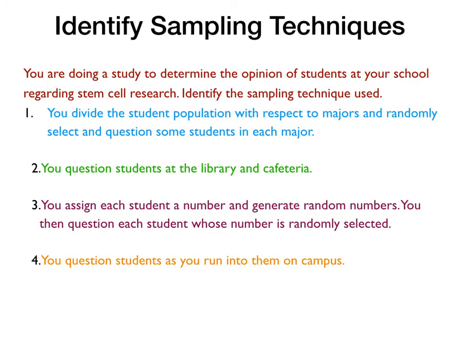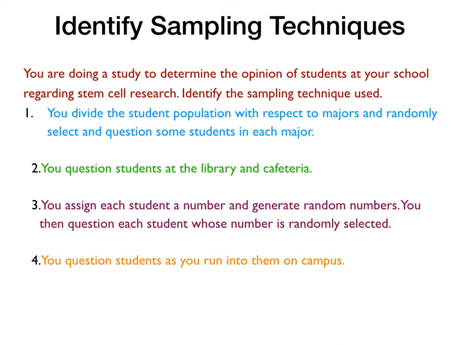All right, so let's do an exercise. Identify the sampling techniques that are used in each of the scenarios. The study is, you're doing a study to determine the opinion of students at your school regarding stem cell research.